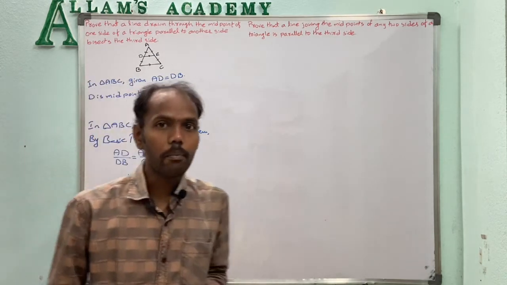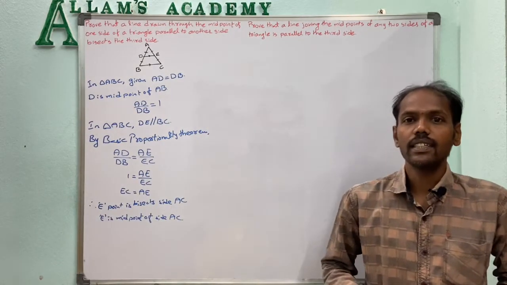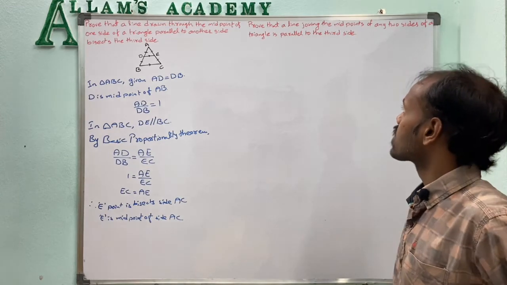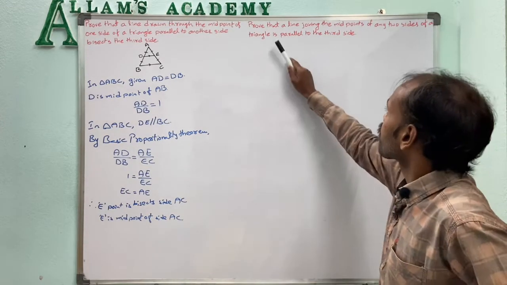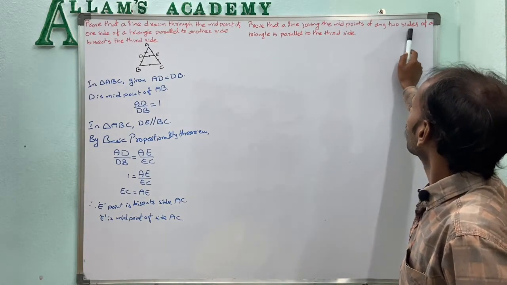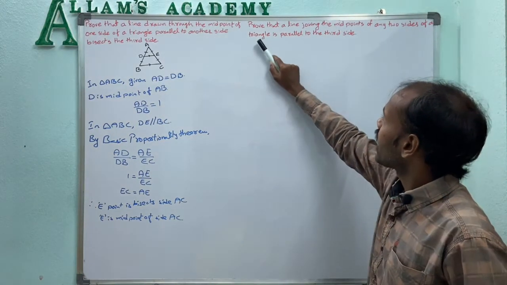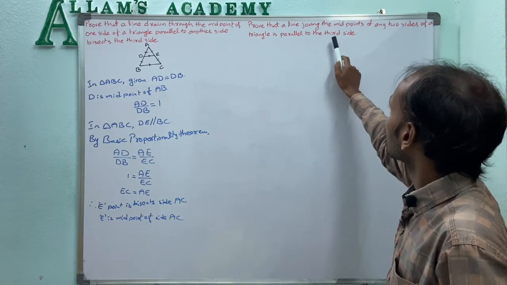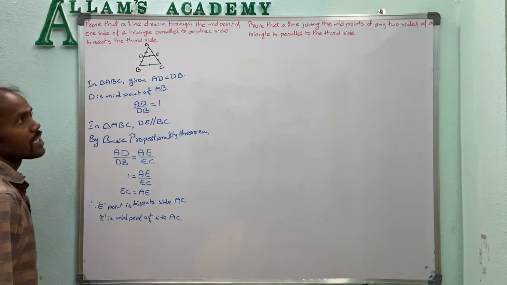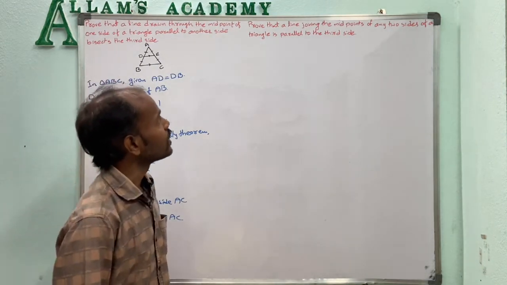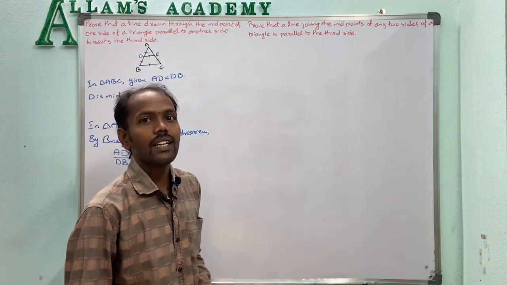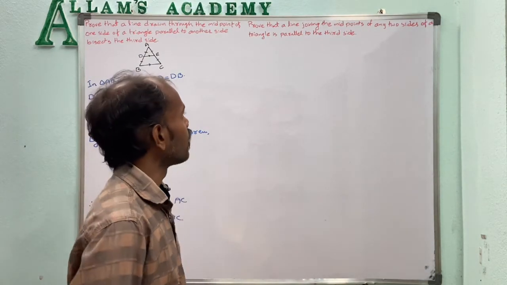E is the midpoint of side AC. Okay. Now if we observe another problem, prove that a line joining the midpoints of any two sides of a triangle is parallel to the third side. That one we have to prove.